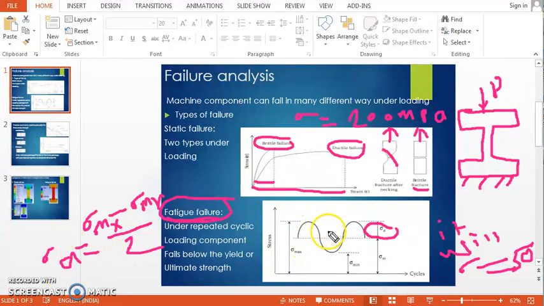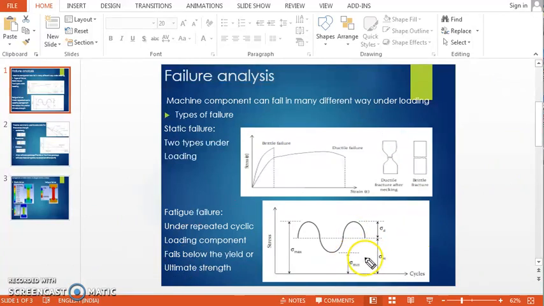This is the amplitude of the stress applied, and sigma mean is equal to (sigma max plus sigma min) by 2.